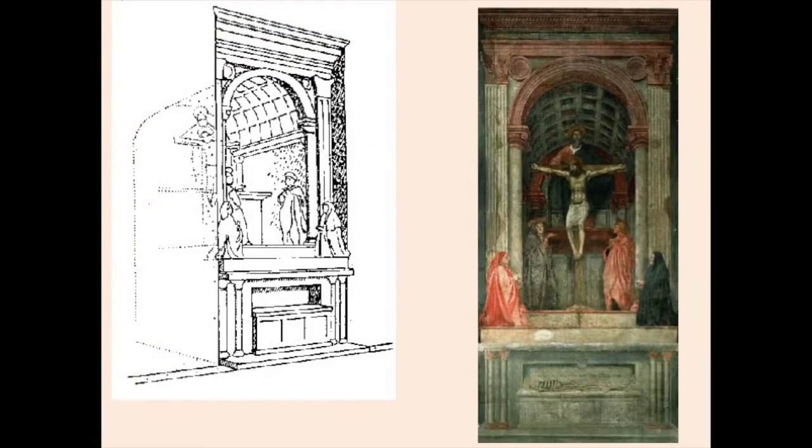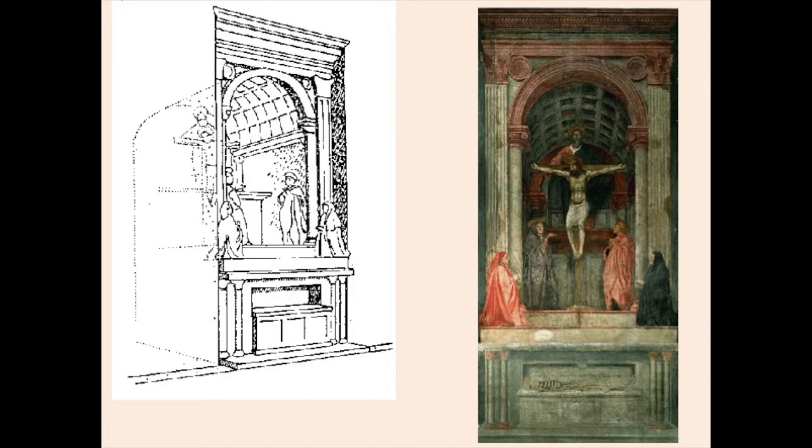Next. Here you see how the artist wants to trick our eyes, trying to represent the three-dimensional sensation, the sensation that there's a background, that there's a chapel in this wall, a chapel that actually does not exist.